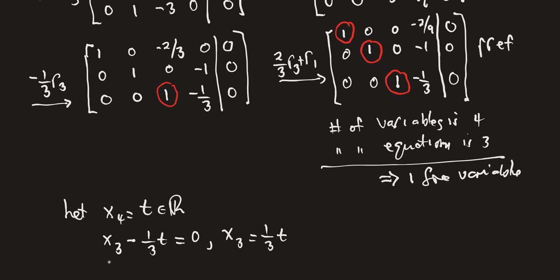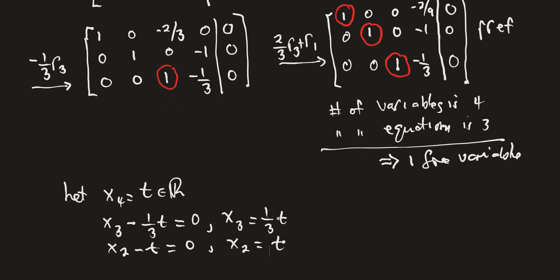And then x2, this equation tells me that x2 minus t is equal to 0. So therefore x2 is whatever t is, right? And then finally the top equation tells me that x1 minus 2/9 t is equal to 0.